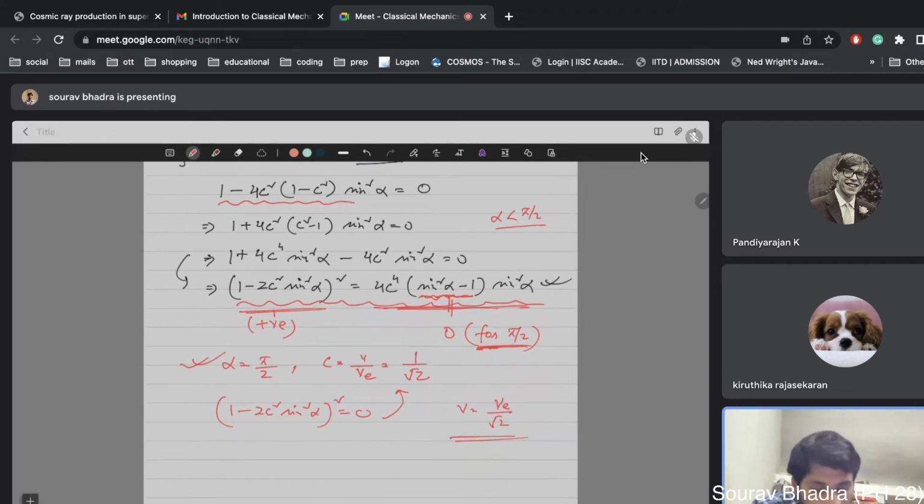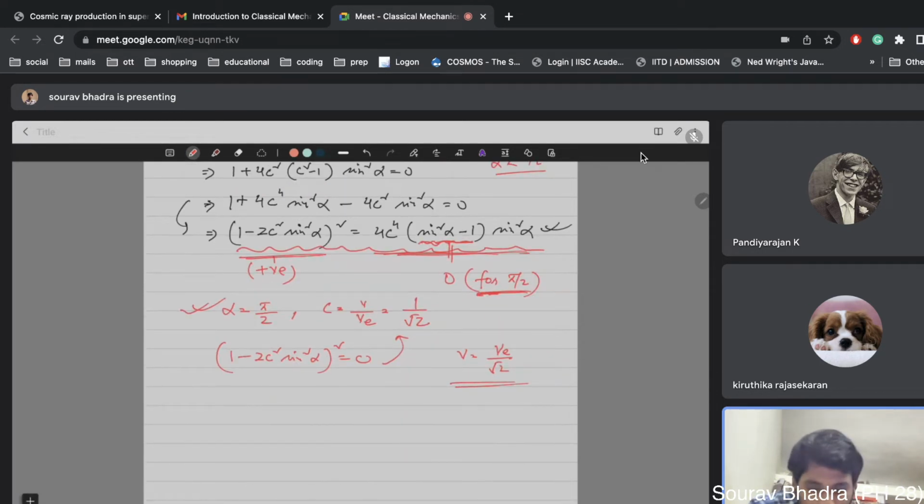okay, so I will write something. If your velocity is greater than escape velocity, and you throw it at any angle, it will follow a hyperbolic path.